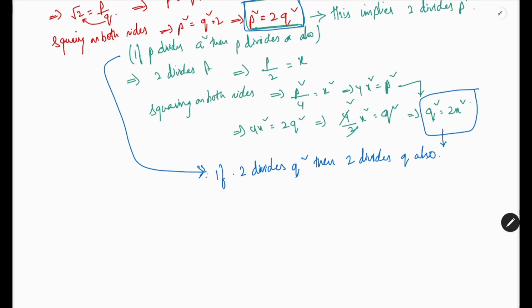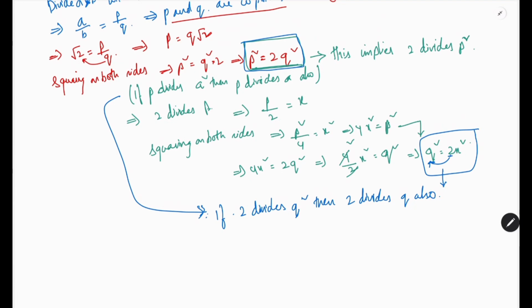This equation tells that 2 divides Q square, so 2 divides Q also. So 2 divides P and 2 divides Q.